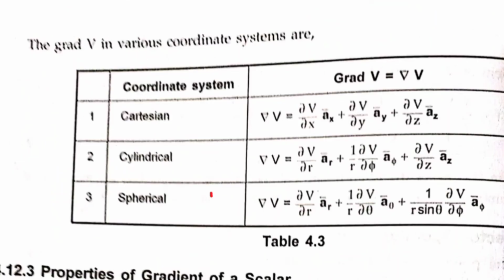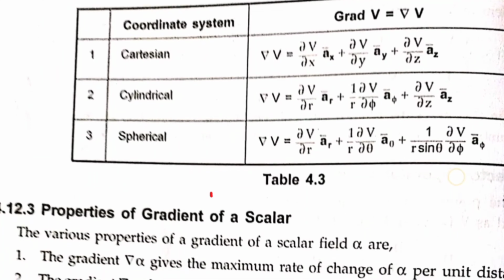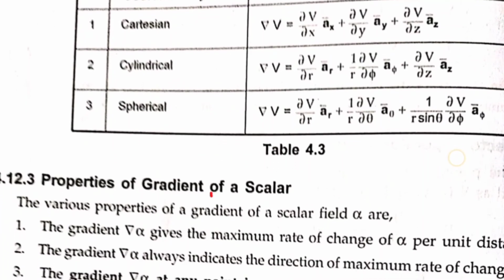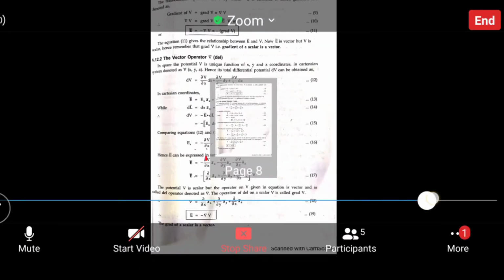The potential gradient for different coordinates: Cartesian, cylindrical, spherical, like that it is. What are the properties of gradient? These are also important properties of gradient. The gradient of a scalar is a vector. These are the important points.